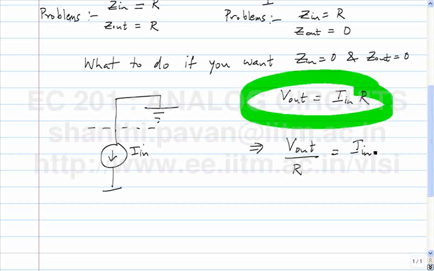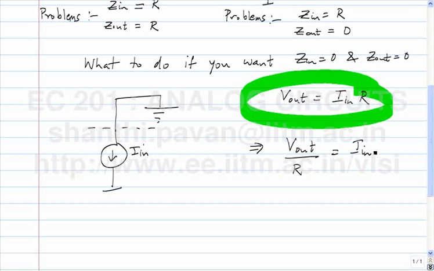Obviously it doesn't make sense to have a fixed voltage source, because a fixed voltage source cannot change, but you want the voltage to be dependent on this current. So if I had a variable voltage source, how would I be able to make that voltage source equal to I n times R?